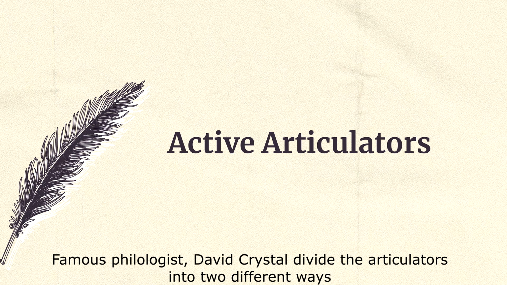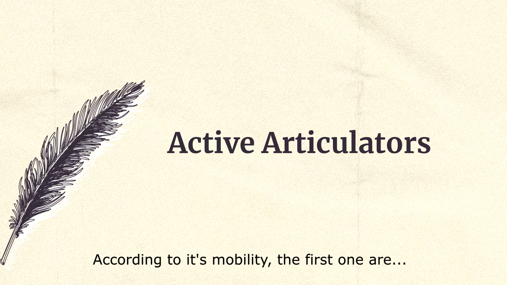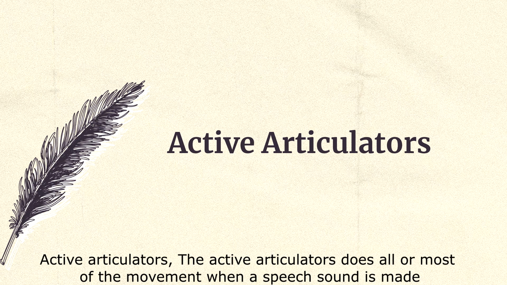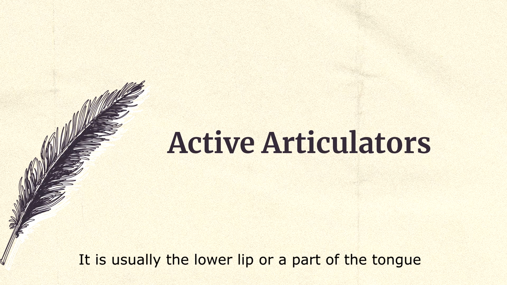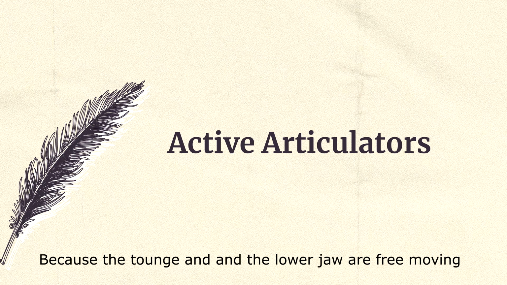Famous philologist David Crystal divides the articulators into two kinds, according to their mobility. The first one is active articulators. The active articulators do all or most of the movement when a speech sound is made. It is usually the lower lip or a part of the tongue, because the tongue and the lower jaw are free moving.